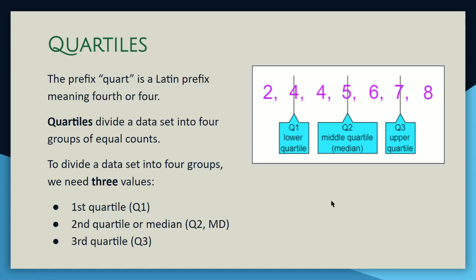So what we're going to do is talk about how to find those. And we can do it by hand, sort of like this person's done here, or we can do it using technology. So in this example, our first quartile is 4, our second quartile, or our median, is 5, and our third quartile is 7. Those are where those dividing lines are, so that we get 4 equal chunks.